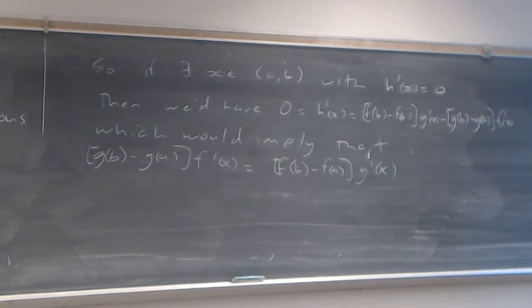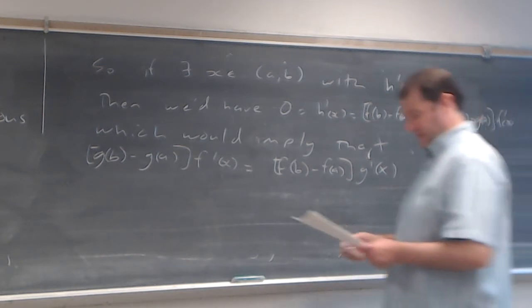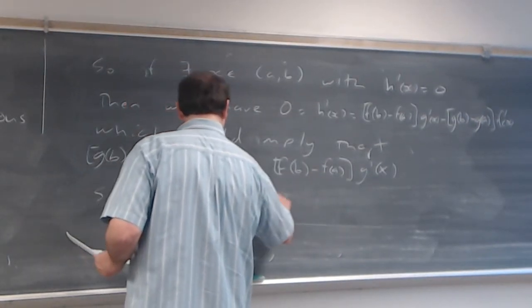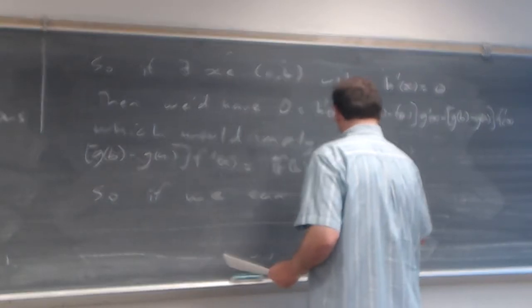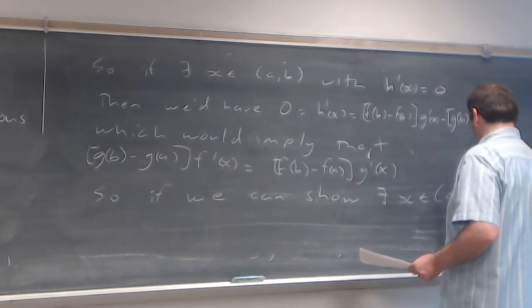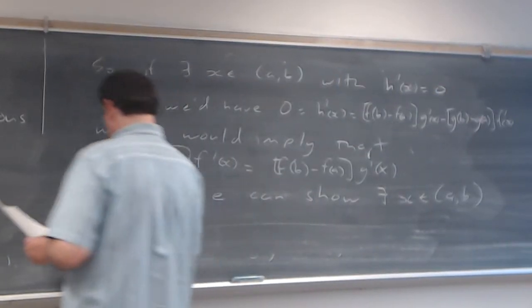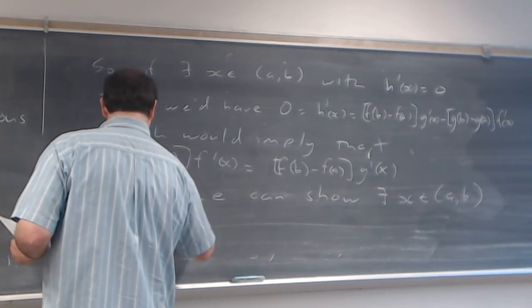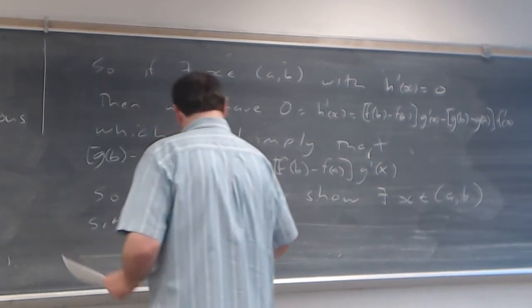So we're looking for an x in (a, b) such that h prime of that x is equal to 0. So let me write that down. See if we can show there exists an x in the open interval from a to b such that h prime of x is equal to 0. We have proven the theorem.